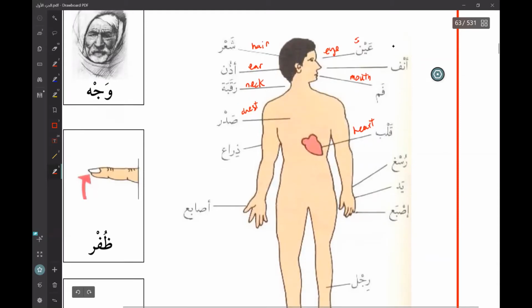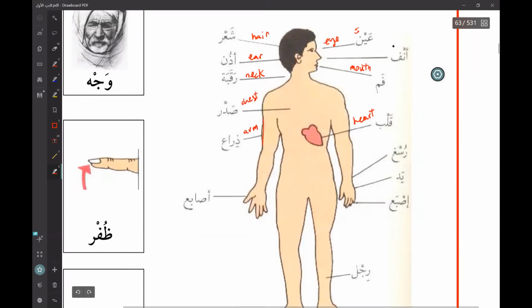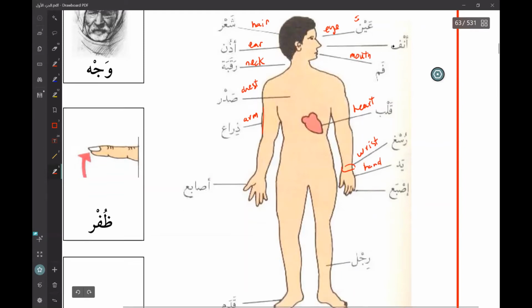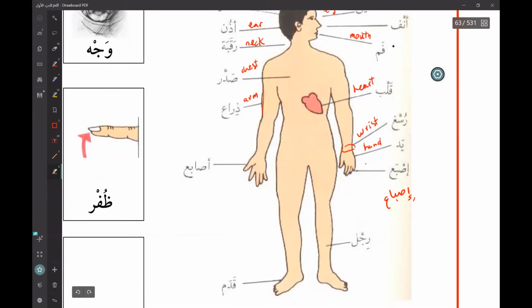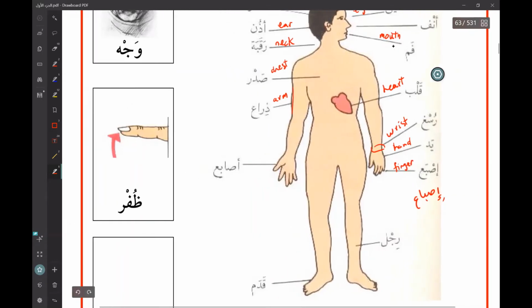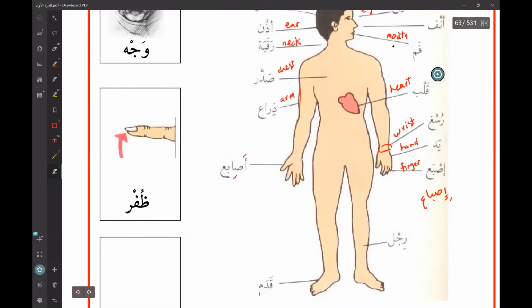Okay. Then we have dhira'. Dhira' is arm. Then we have ruzq. Ruzq is the wrist, right? Sounds like wrist. Yad is hand. Okay. Isba is finger. Then this is asabi'.